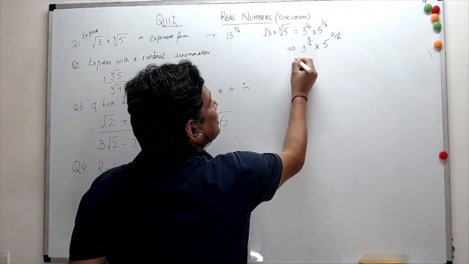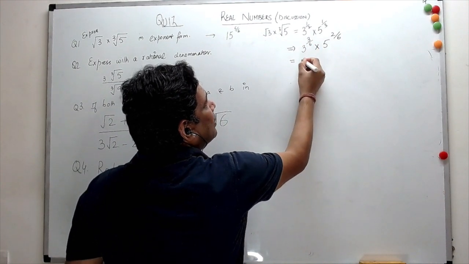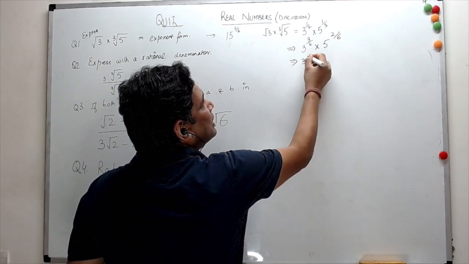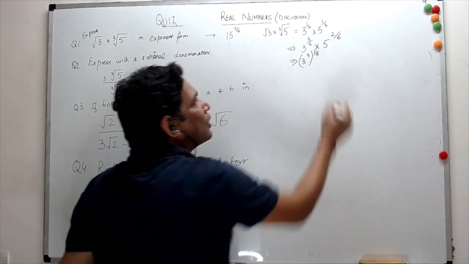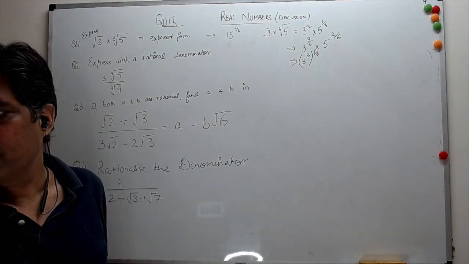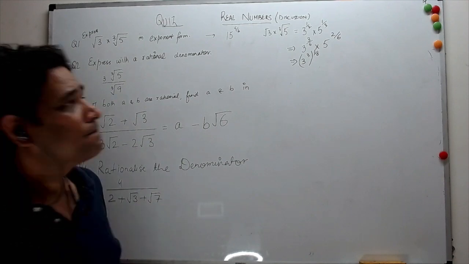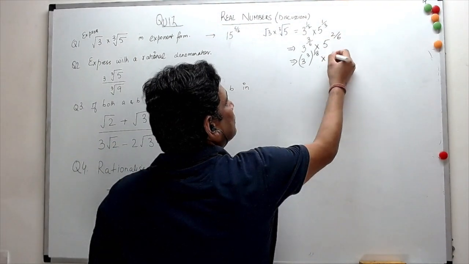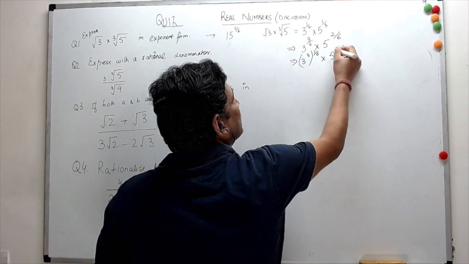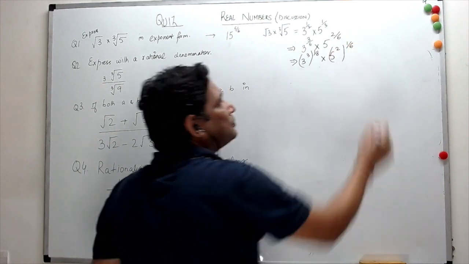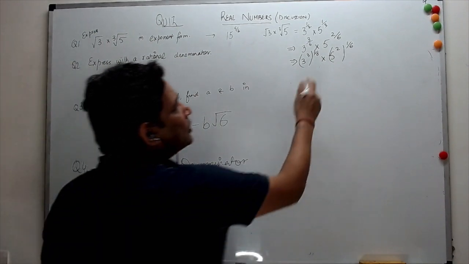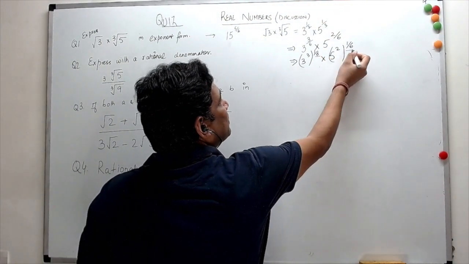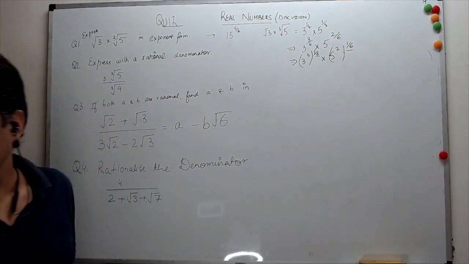That means now I can alternatively write it as 3 cube whole raised to the power 1 by 6, into 5 square whole raised to the power 1 by 6. Now what you see is that this power and this power are same, 1 by 6.